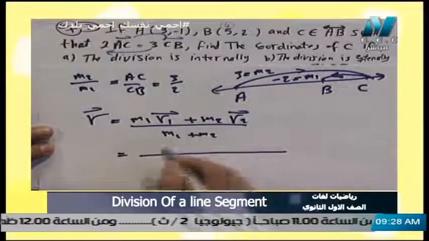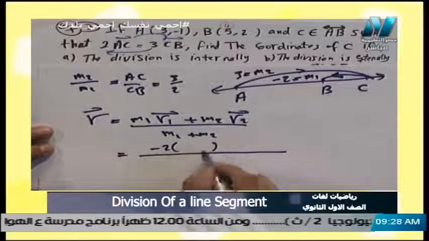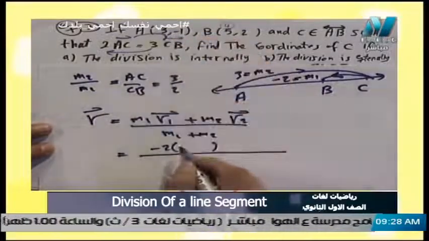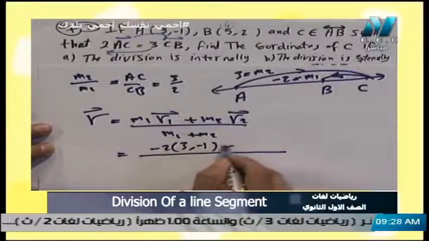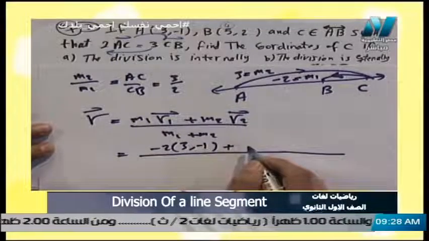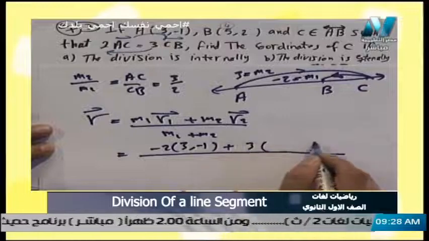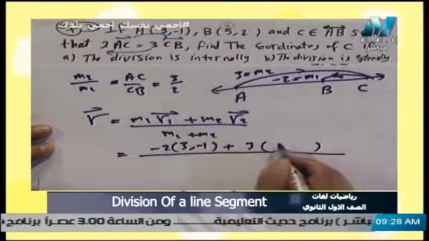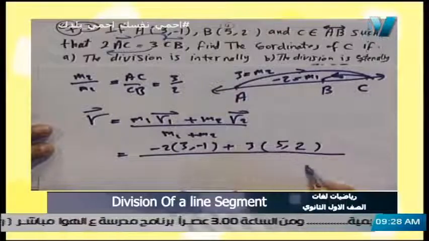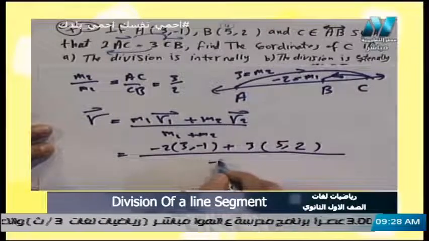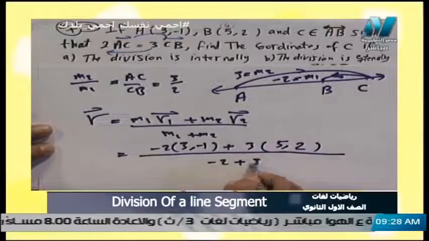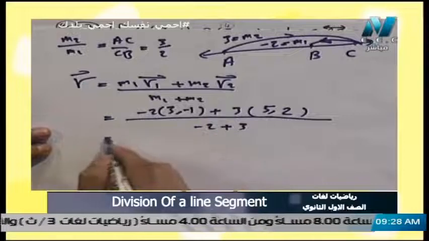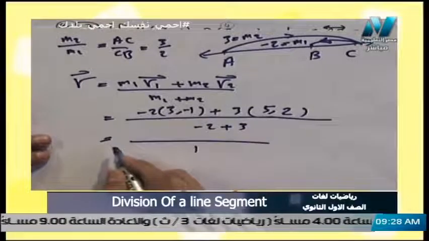M1 here equals negative 2 multiplied by R1, which is A, 3 and negative 1, plus M2, which is 3, multiplied by R2, which is B, 5 and 2, over M1 plus M2, which is negative 2 plus 3, equals 1.